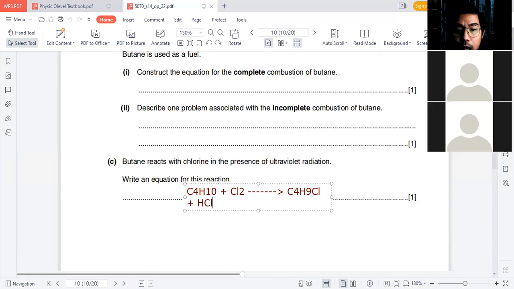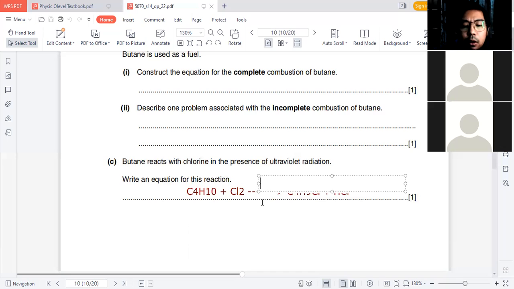That can be done. Again, you have to make sure that you put the conditions on top here, so UV. Is it good?